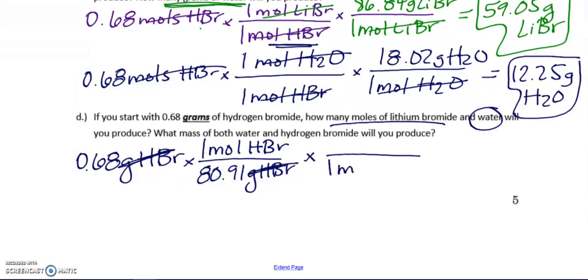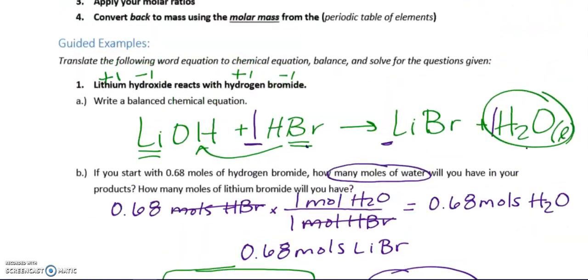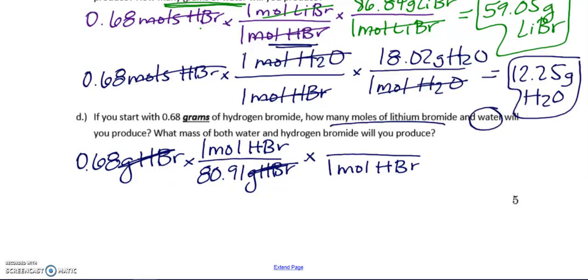So for every 1 mole of hydrogen bromide, let's solve for lithium bromide first. For every 1 mole of hydrogen bromide, you produce 1 mole of lithium bromide. And this will tell you how many moles of lithium bromide you have. So 0.68 divided by 80.91 gives you 8.4 times 10 to the negative 3rd moles of lithium bromide.